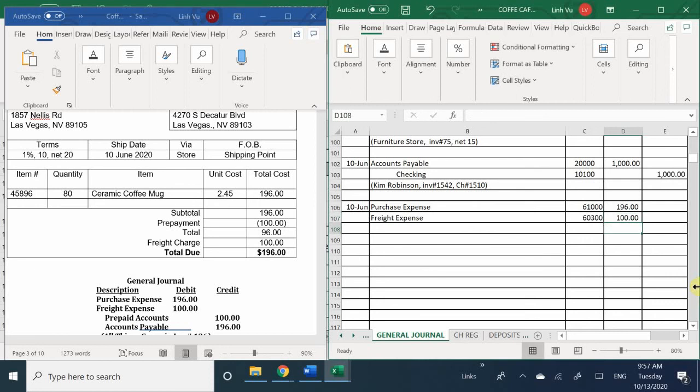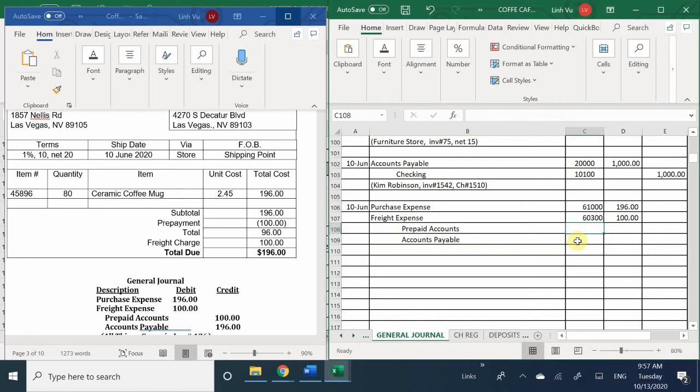Now, because we made an advance payment, we need to deduct that because now it's going towards the bill itself. So with that being said, we need to credit our prepaid accounts because now we're essentially applying it to our invoice. And then we have a total amount that we actually owe. Okay, so accounts payable after that.